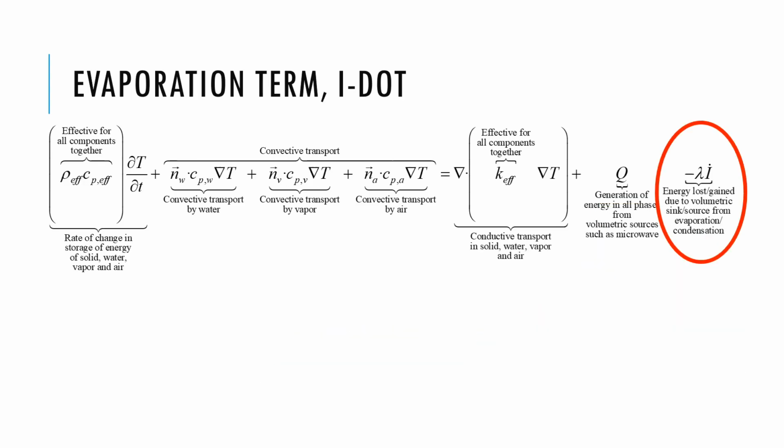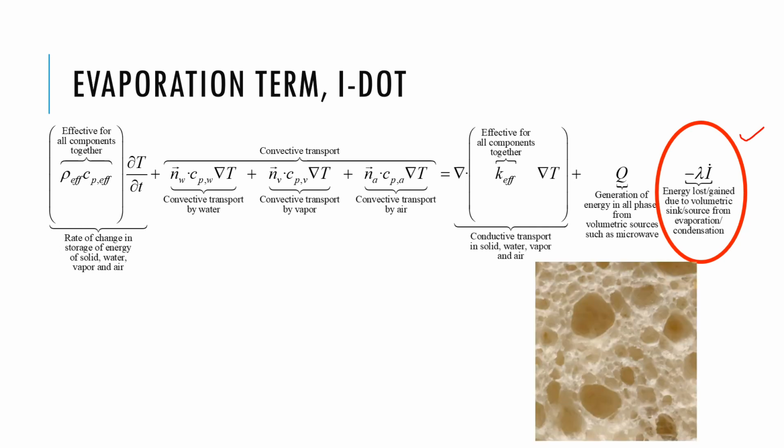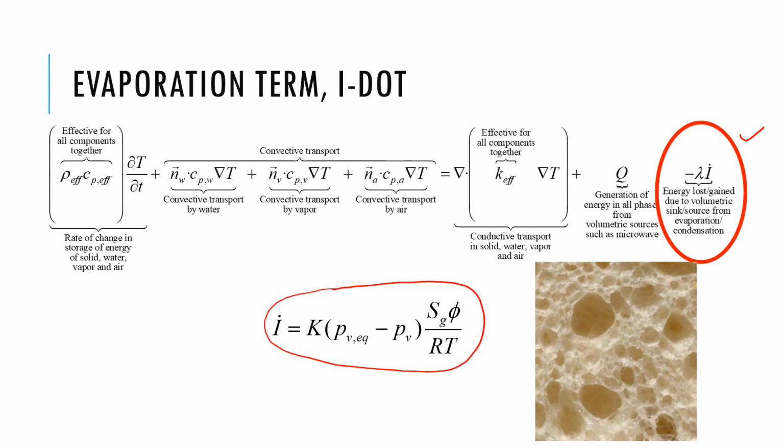Finally, the evaporation term, this one, the I dot, the rate of evaporation, is volumetric, and it's a function of position and time. So the expression for evaporation in the porous media is something like this, that has been used by quite a few of the researchers.